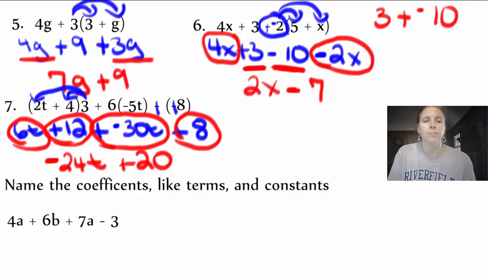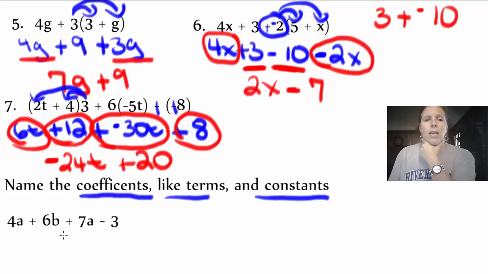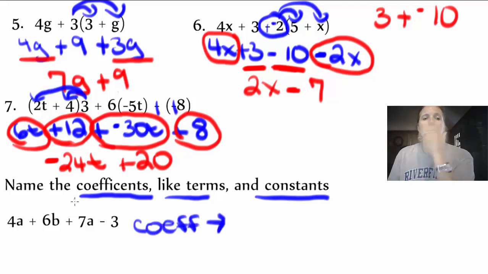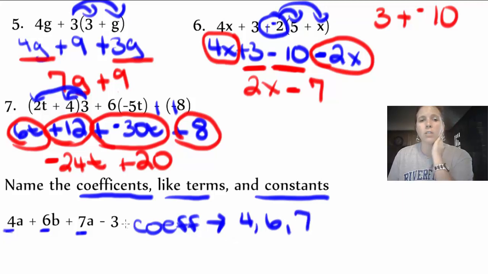Alrighty. Okay, so on this one, we're going to name the coefficients. This is our last one. Like terms and constants. Okay, so you could put a coefficient if you want. So remember, coefficients are what's in front of the variables. So you would just say 4, 6, and 7 are my coefficients.